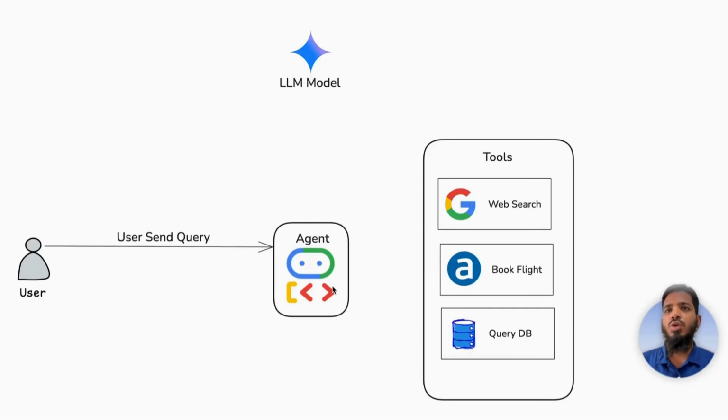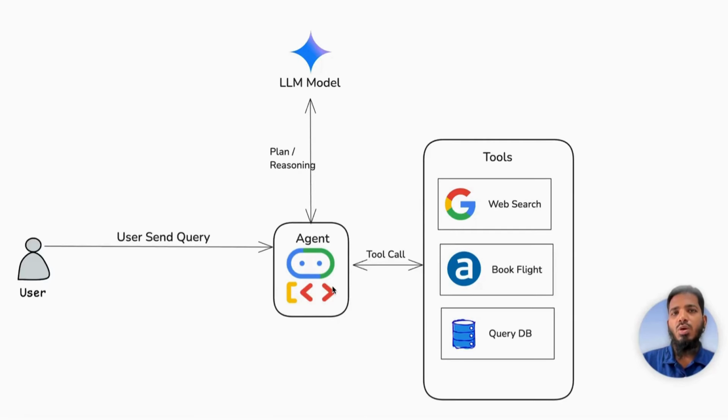So the agent workflow starts when the user submits a query or a prompt. The agent uses the LLM for reasoning, understanding what the user needs. It knows the available tools. Then it creates a plan of action, like which tools to call with what input. Then those tools will be called and their output is sent back to the LLM to generate the final response.